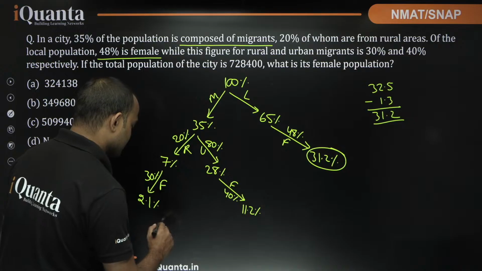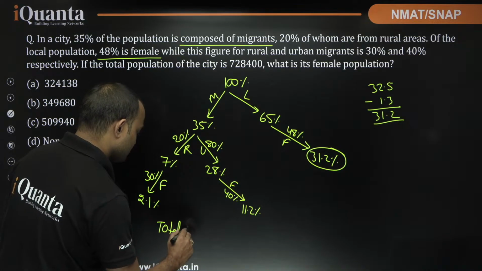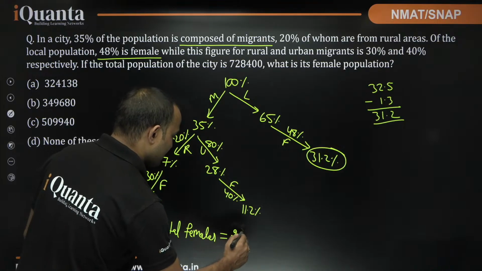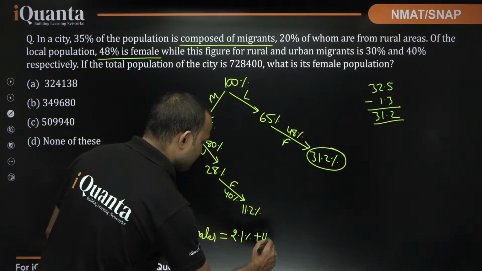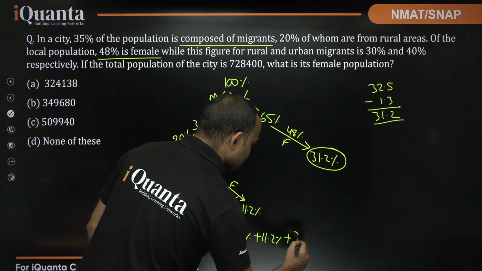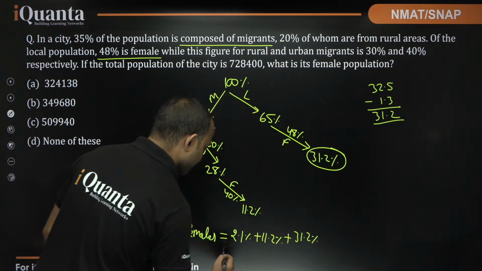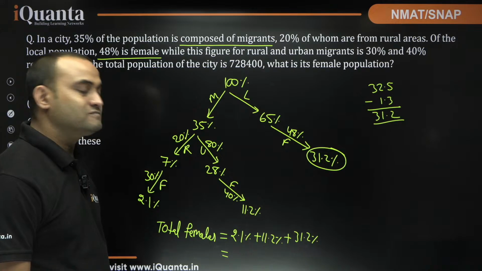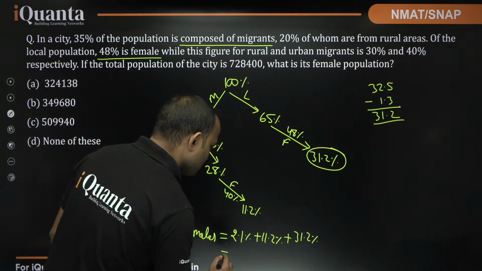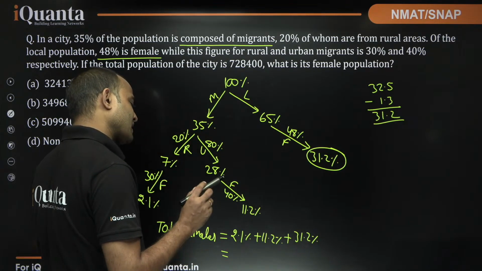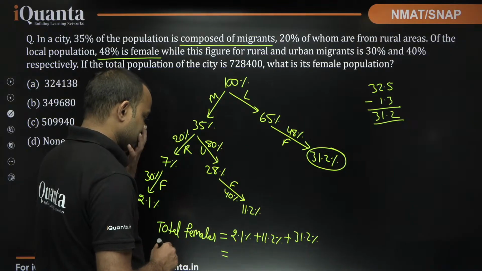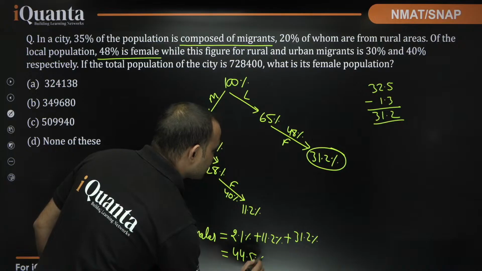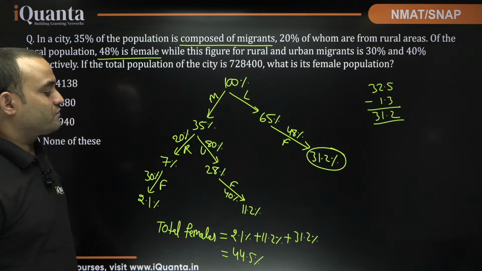So, what we can say, total females will be equal to 2.1% plus 11.2% plus 31.2%, which is equal to 2, 2, 1, 5, 31, 43 and 2, 40, 31, then 42. So, it will be 44.5%, right. It will be 44.5%. Is that clear?